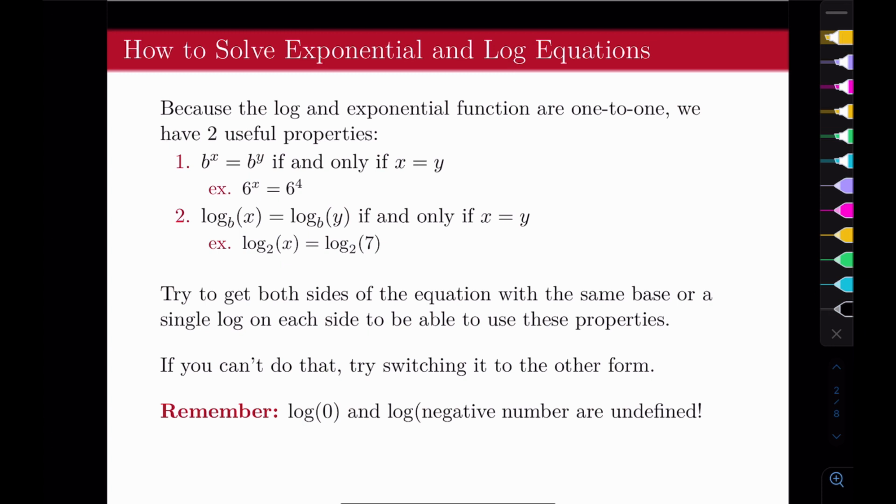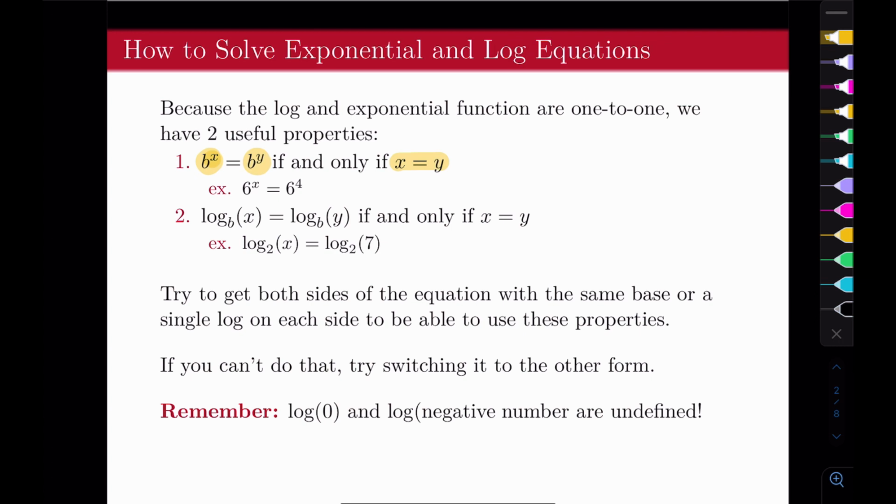Because they're one-to-one, they both pass the horizontal line test, but what that means is different inputs will never give you the same output. So if I have something like b to the x equals b to the y, the only way this can possibly happen is if the exponents are equal.